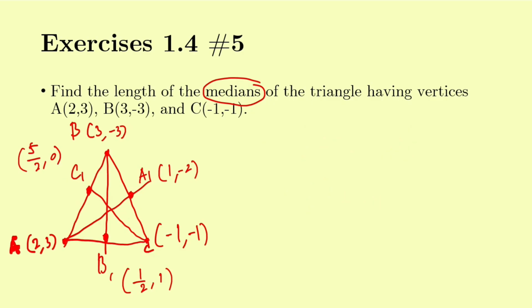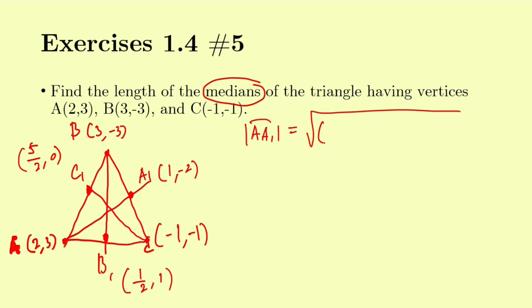So after that, we're going to compute for the length of the medians. The length of the medians is the same with the distance between the vertices and their respective point from the opposite side. So we will use the distance formula in this case. For the first one, between A and A sub 1, we will use the distance formula.